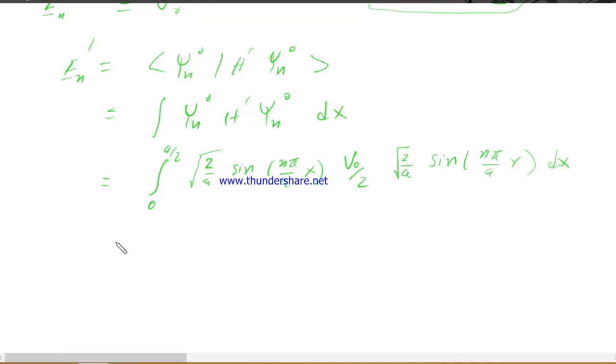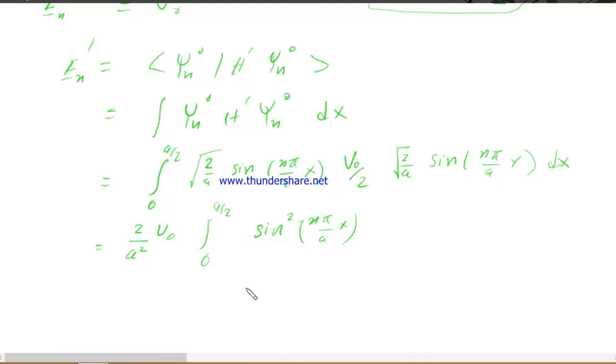Okay, so this equation can be written as 2 divided by a times V naught, and then integrate from 0 to a divided by 2 of sine squared of n pi x over a, and this is squared because it is multiplied.